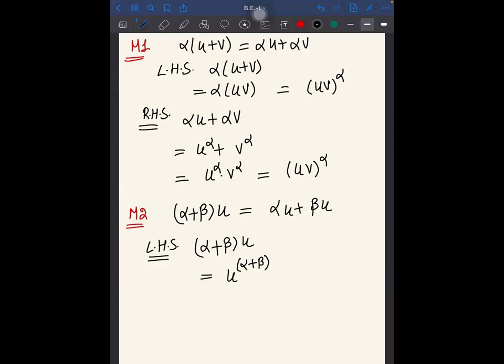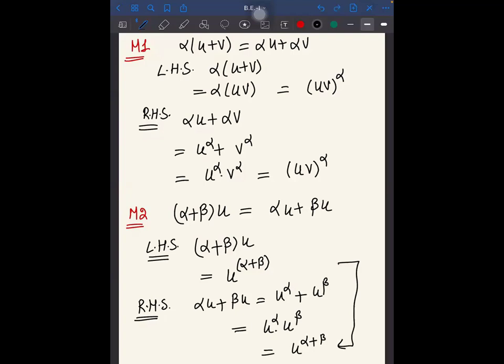Alpha and beta are scalars; the operations are given for vectors. Now come to the right hand side: alpha u plus beta u. You can write it as u alpha plus u beta, and again the plus operation can be written as u alpha times u beta. Now the base is the same, so you can write it as u raised to alpha plus beta. So the left hand side and the right hand side are the same. So M2 is satisfied.